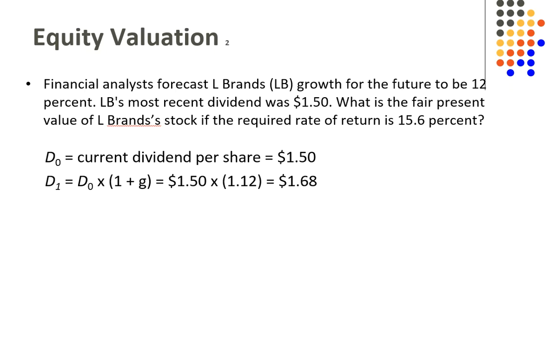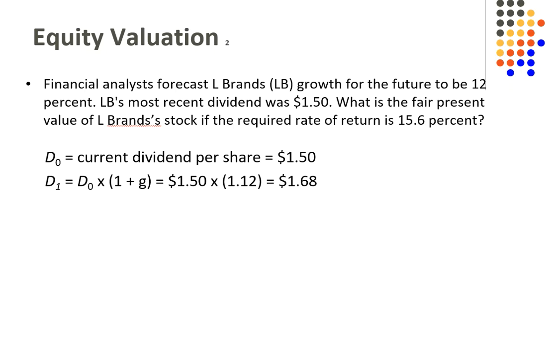So we'll take our current dividend of $1.50 per share and multiply it by the 12% growth rate. So we're expecting dividends next year of $1.68. And of course, our underlying assumption is they will continue to grow at that 12% rate in perpetuity. If we're not willing to make that assumption, we can't use our constant growth model, and we'll have to use more difficult stock valuation models.